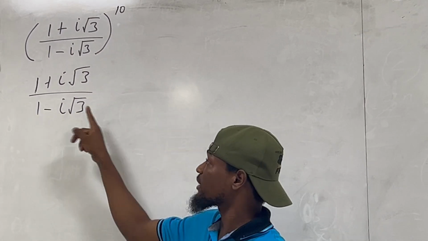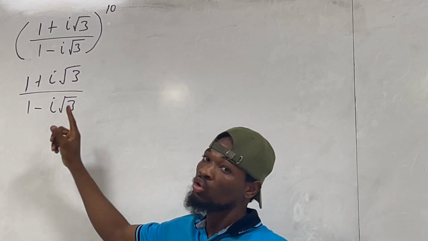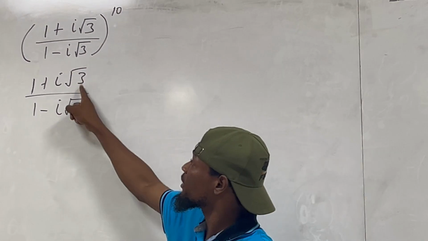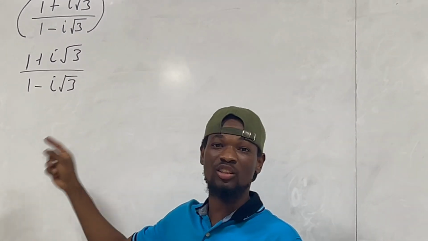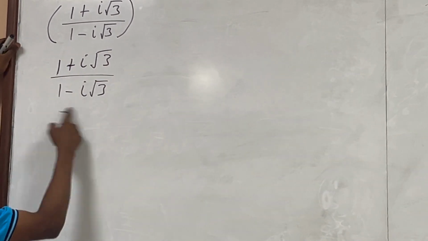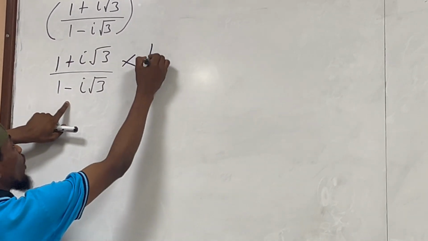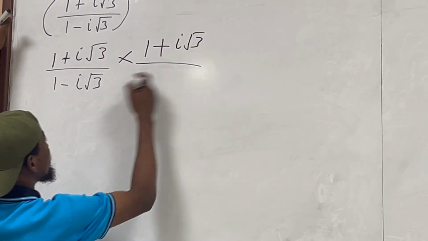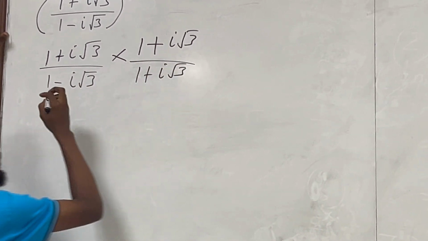You tackle the denominator. You look for the conjugate of the denominator, then you multiply the numerator and the denominator by its conjugate. The conjugate of this will be plus, so I multiply by 1 + i√3.